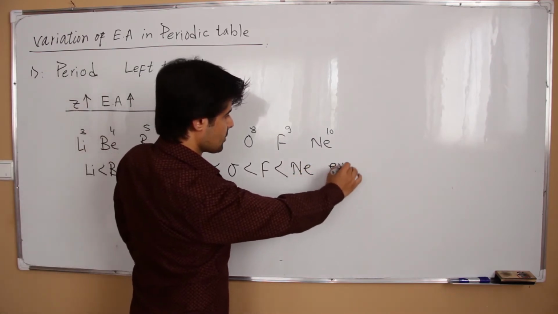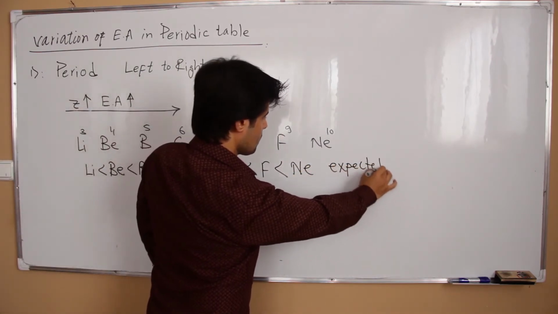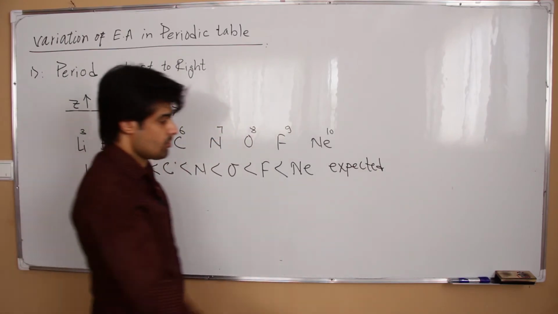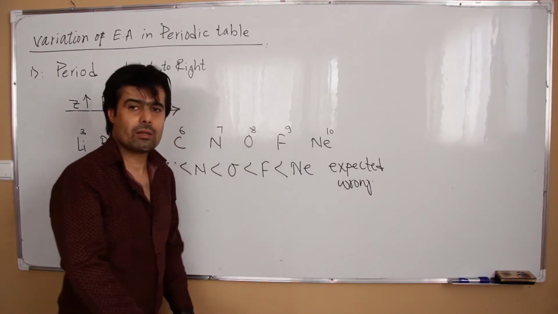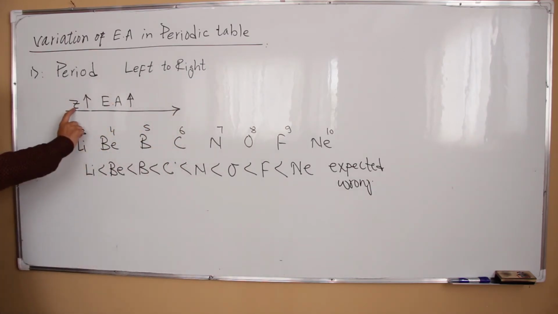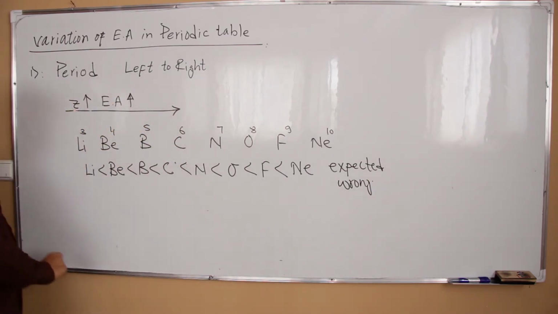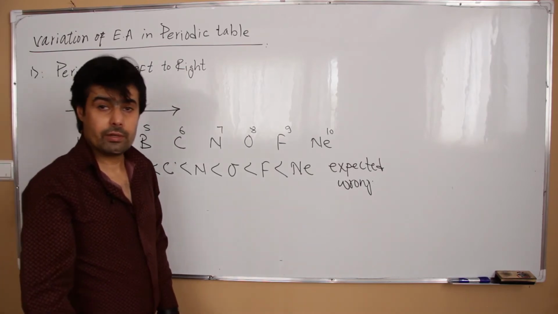This is expected, but it's not right. It is wrong. Why? Because electron affinity does not depend only on Z or atomic number. It depends also on electron configuration.